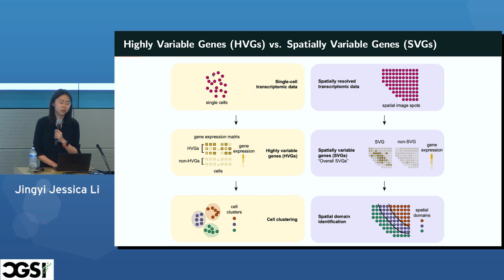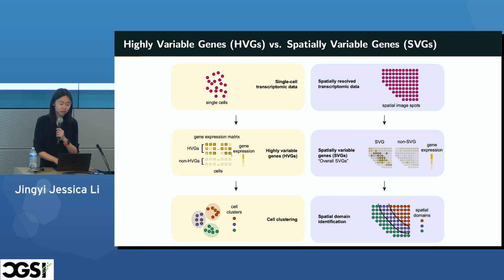You don't know which cells are close to which cells. But for spatial transcriptomics data, you record the locations, even though the spots may not be single cells. They may be multicellular, but still you have the spatial information. Therefore, once you go to the second step of identifying these variable genes, for single cell, the only thing you can compute is a variance, one variance value per gene. But for spatially variable genes, you have the locations to consider. So you need some additional considerations and techniques to detect these SVGs.